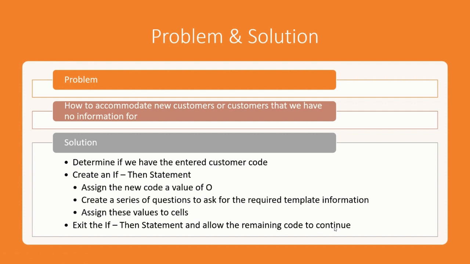Let's just summarize again. How are we going to accommodate new customer information? We're going to determine if you have the entered customer code. If we do, then we'll just run the code normally.